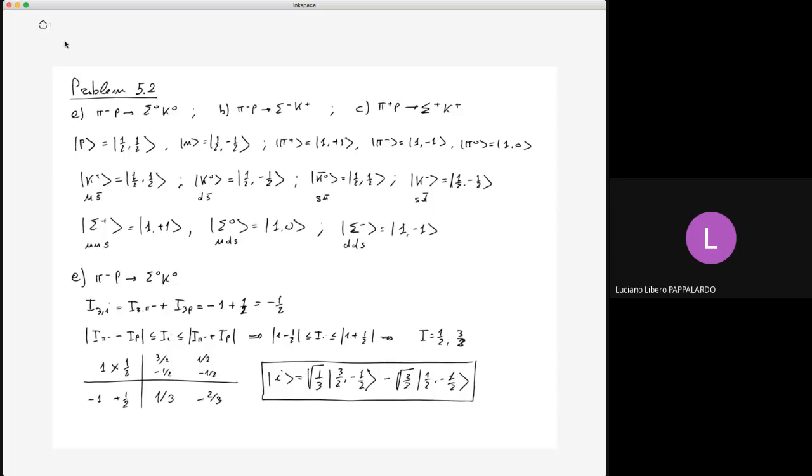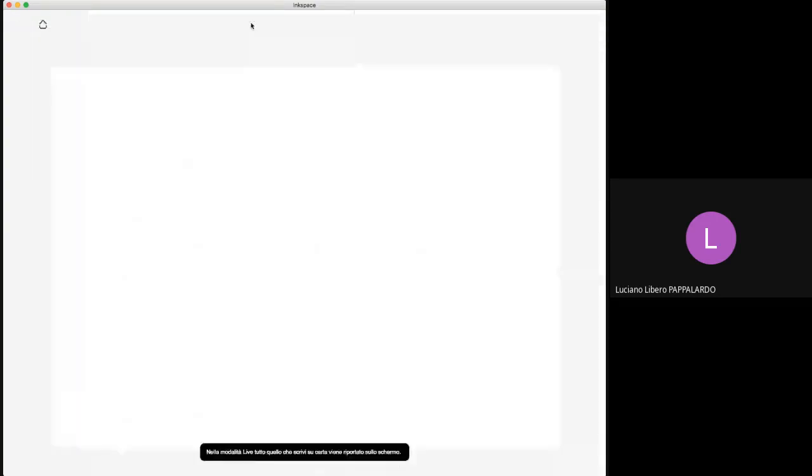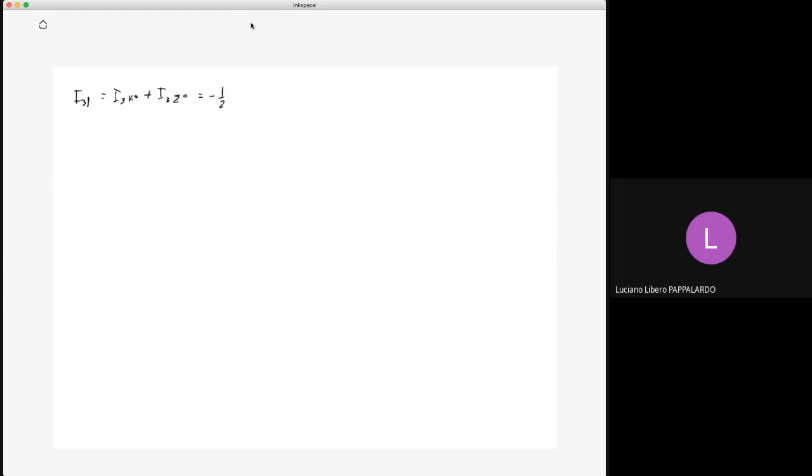So now we have to compute the final state wave function. So I'll take a new page. Now, for the final state, we have I3F is equal to I3 K0 plus I3 sigma 0. That is minus 1/2 plus 0 equal to minus 1/2. Then we compute the total isospin.